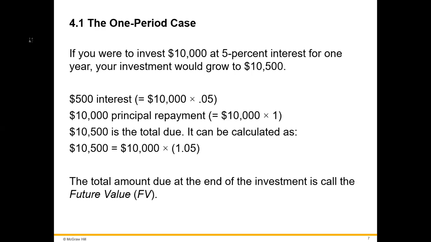So the total amount due at the investment, again, is the future value. So now we can create a formula and calculate it for any numbers. So we could have 20,000 at 6%. So if you grab your calculator, present value is 20,000 times 1.06.